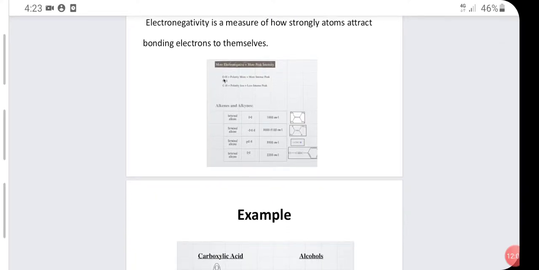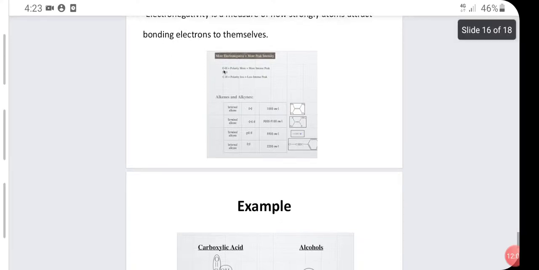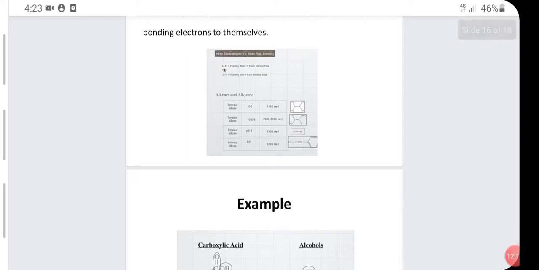Alkenes and alkynes give different values in IR spectrum, and the reason is that there are internal alkenes and terminal alkenes, and similarly internal alkynes and terminal alkynes.